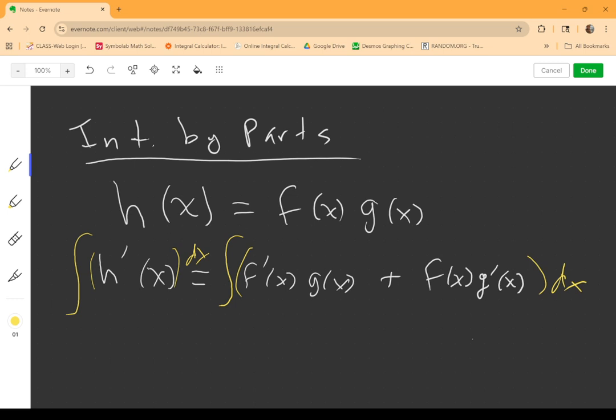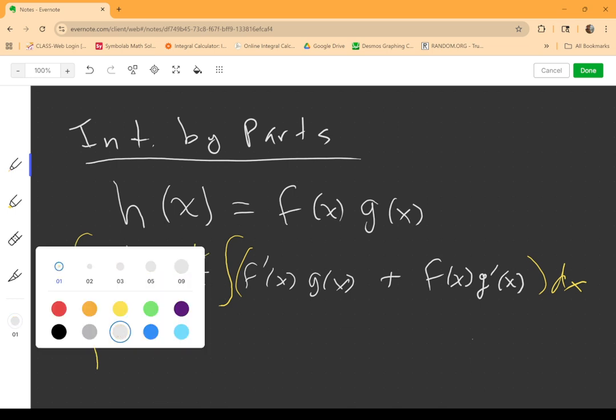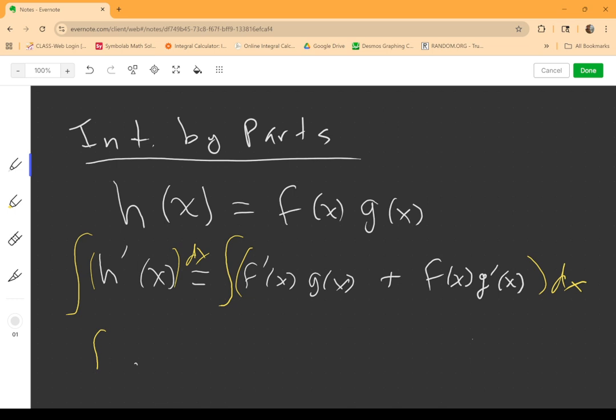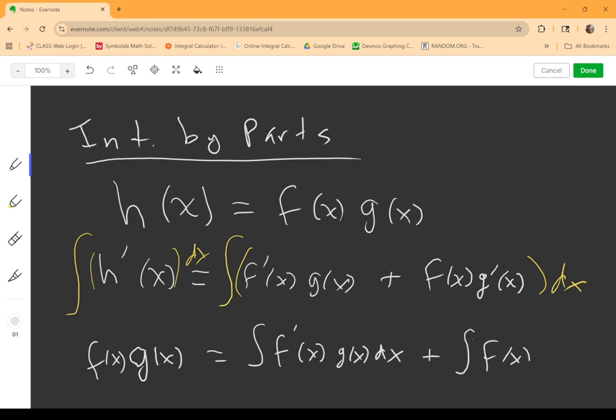So we go back to h of x, and the integral here is just f of x times g of x. And then I'll rewrite the right side in terms of two integrals: the integral of f prime of x g of x dx plus the integral of f of x g prime of x dx.